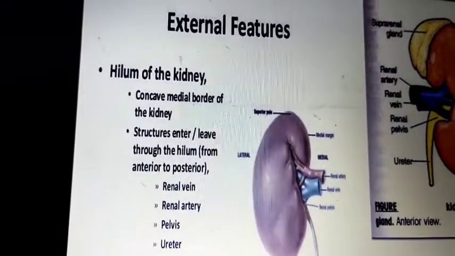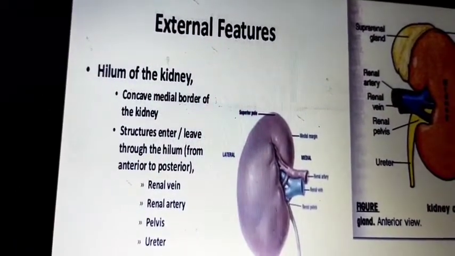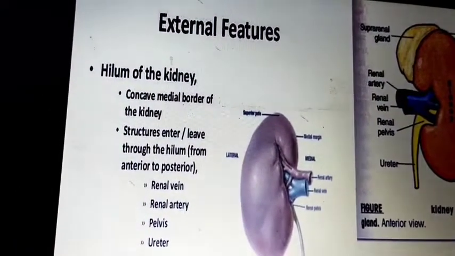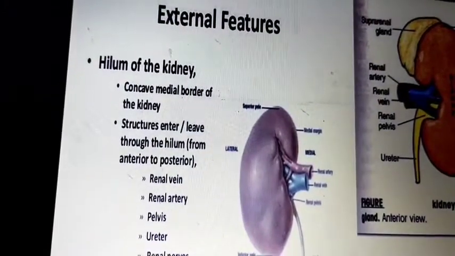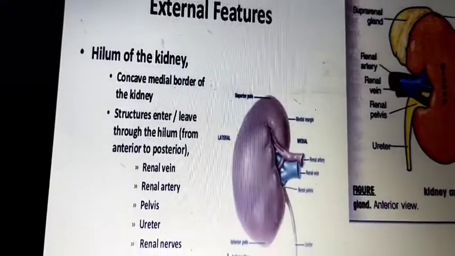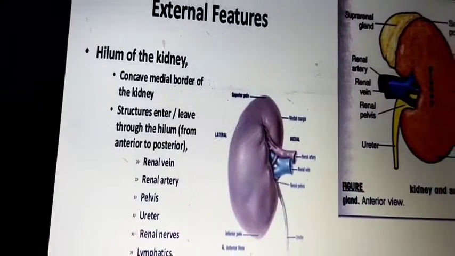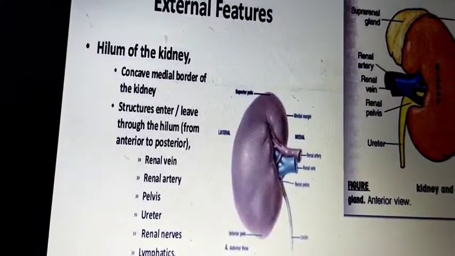The hilum of the kidney is nothing but the concave medial border. Structures enter or leave through the hilum from anterior to posterior; going from anterior to posterior, the vein comes first.